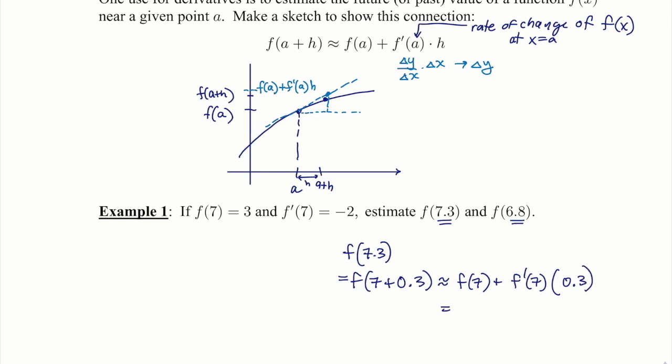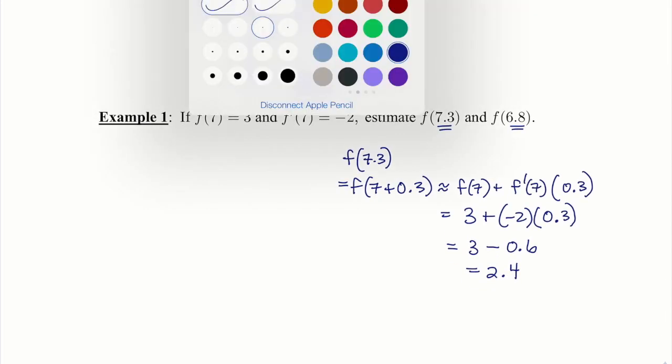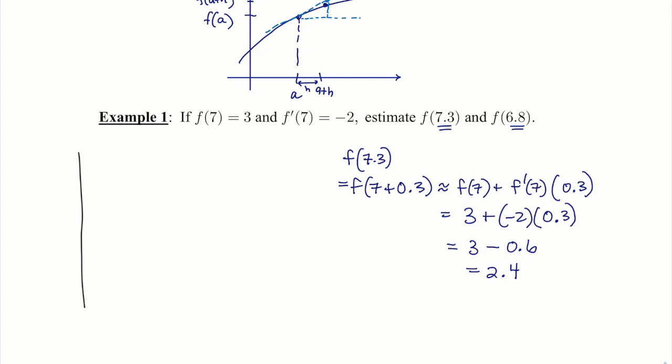So putting these pieces together, f of 7 was 3, f prime of 7 is negative 2, and then we'll multiply that by 0.3, so we'll end up moving down 0.6. So our approximation would be 2.4. Let's make a sketch and see why this makes sense.